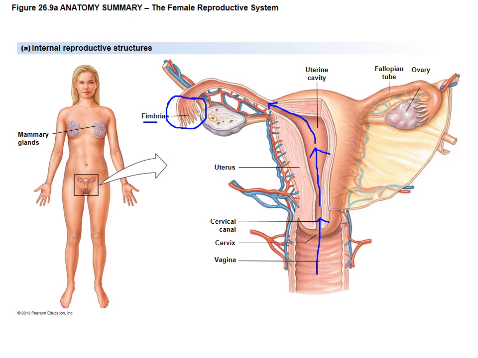These fimbriae are very closely associated with the ovaries. This is where the ovums or the eggs are released from. Eggs are released into the finger-like projections and then move into the fallopian tubes.